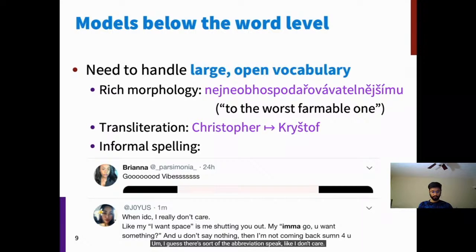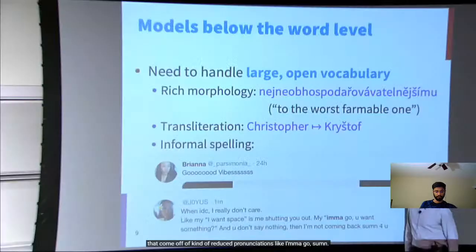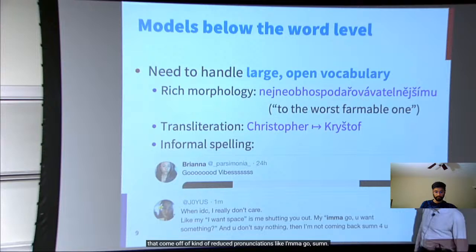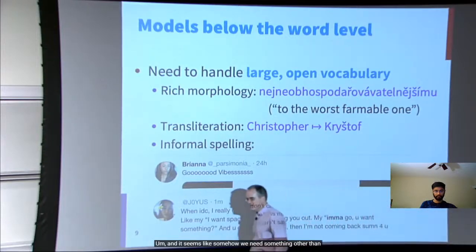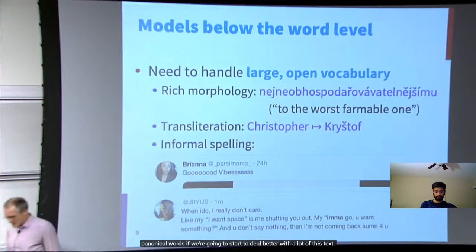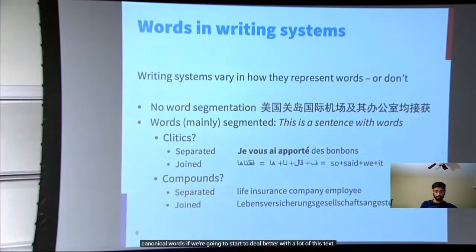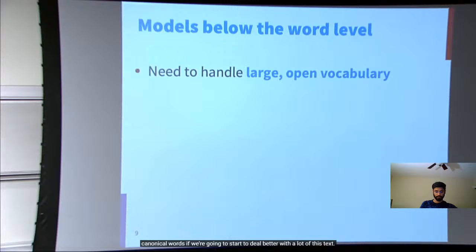I guess there's the abbreviation speak of "I don't care", but then you get a lot of creative spellings that come off of reduced pronunciations like "I'm a go", "summon", and it seems like somehow we need something other than canonical words if we're going to deal better with a lot of this text.